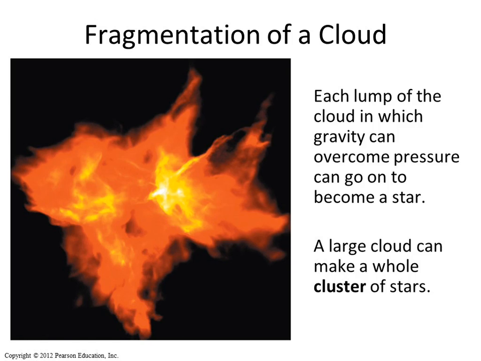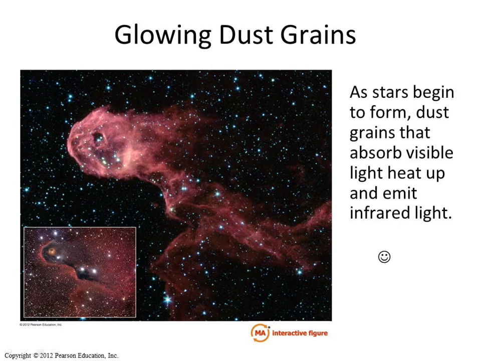A lot of pictures you look at in astronomy have this red look. Honestly, they're probably just looking at it in infrared. So, making a cluster of stars. From what I can tell, this is actually a photograph of a cloud that is birthing stars.